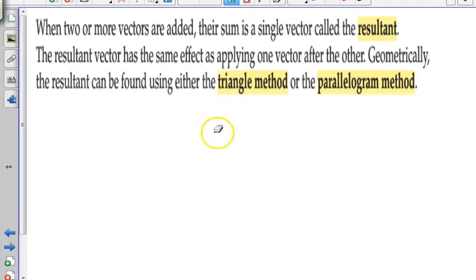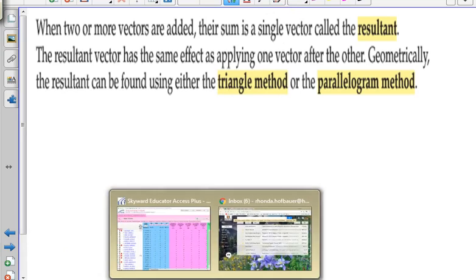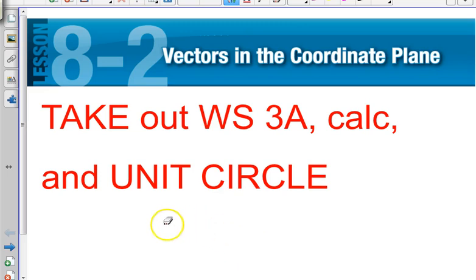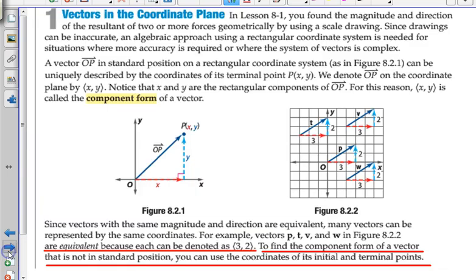Okay, we're going to move on to adding vectors tomorrow, but right now we're going to go to the easy stuff off worksheet 3. So we're going to talk about component form in the coordinate plane.